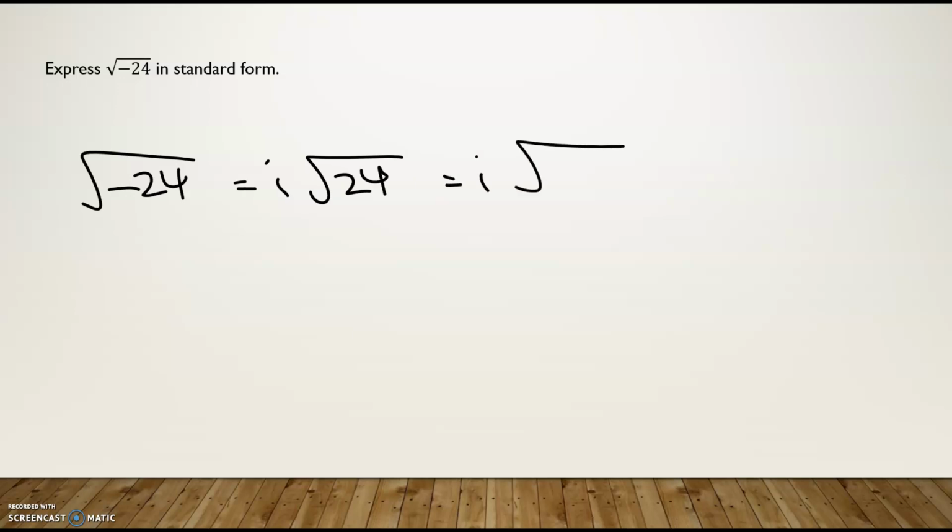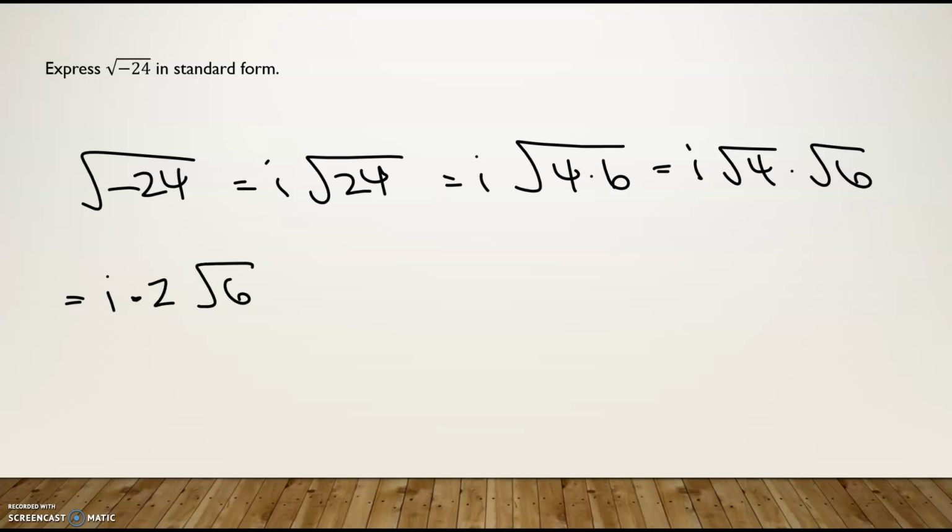I can write that as 4 times 6. Break that up into the square root of 4 times the square root of 6. So that will give me i times 2 times the square root of 6. So this will be 2i square root of 6.